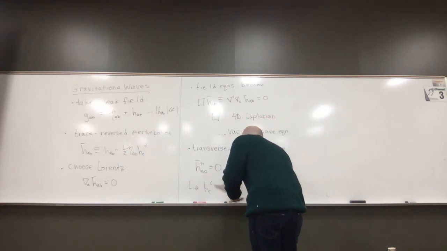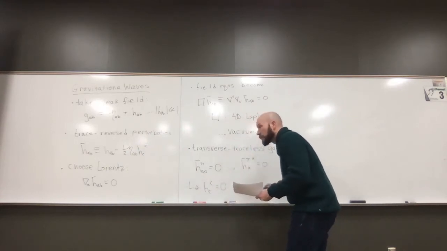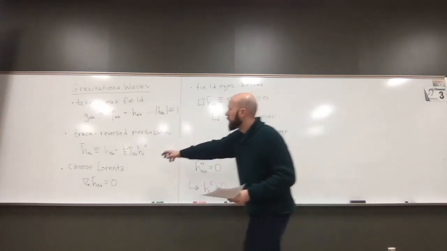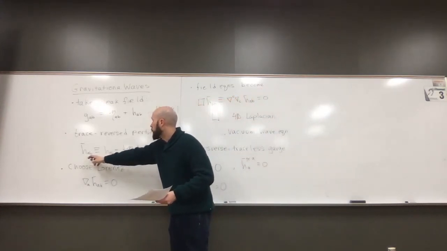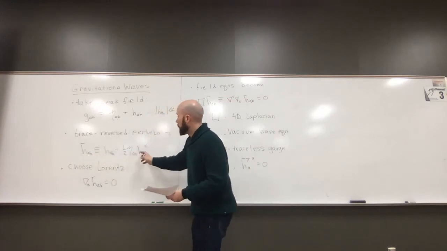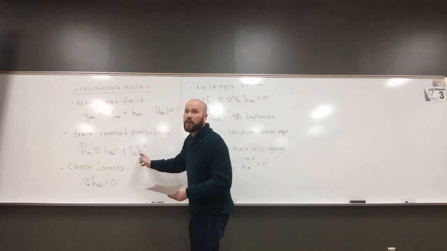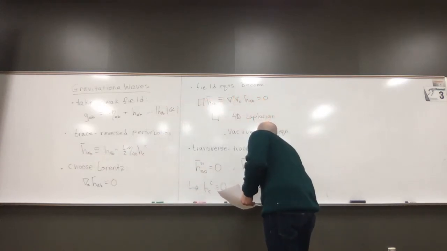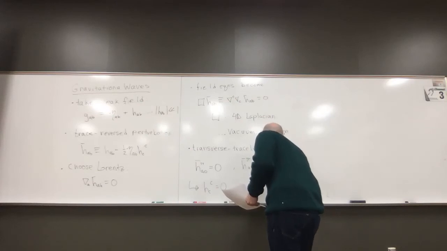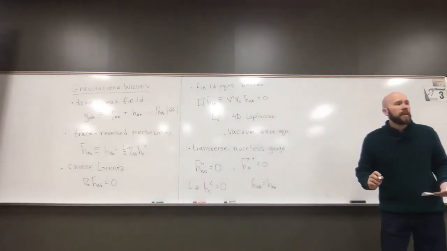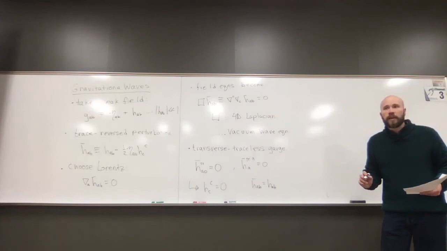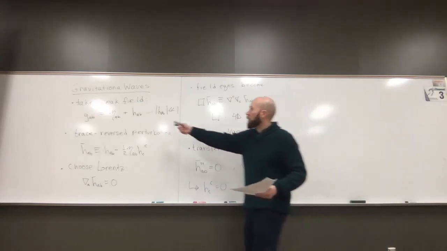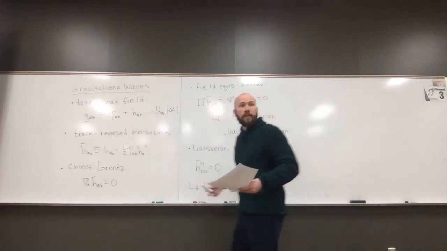And therefore, in this particular gauge, once I've made things transverse and traceless, look at how I've defined the h bar, the trace-reversed perturbation. I'm subtracting off something that goes like the trace. And so if there is no trace, h bar AB is equal to h AB. So you see why we make these assumptions. We make these gauge choices because now I can solve directly for the thing that I want, which is the metric perturbation.